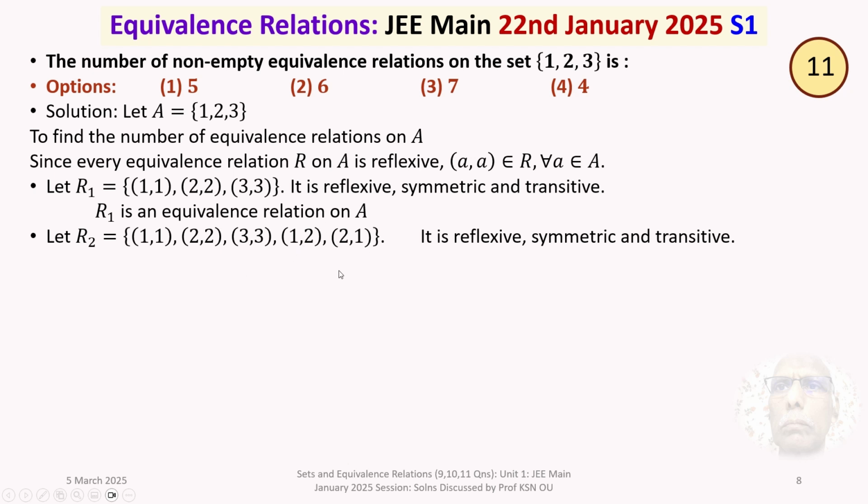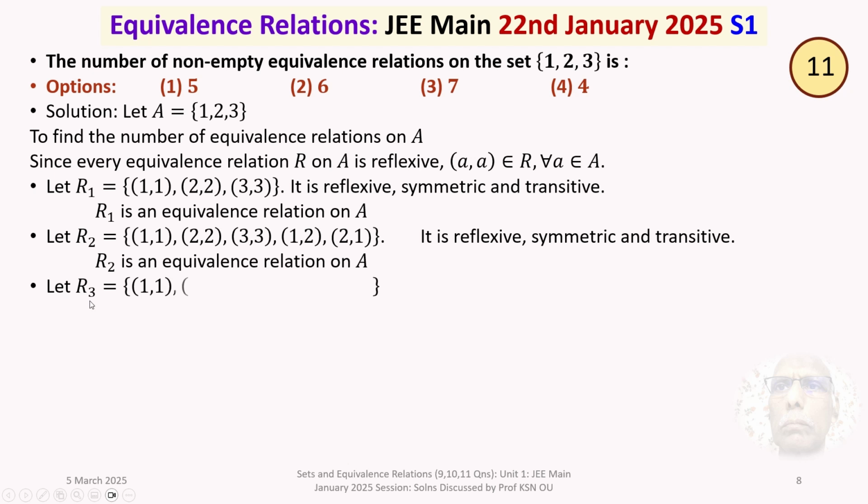Now test for transitivity. Test for transitivity is again, I tell you, whenever (a, b) and (b, c) belong to R, then (a, c) belongs to R. So transitivity is also satisfied. So it is an equivalence relation on A. In a similar fashion, go to R1 and adjoin (1, 3). If you add (1, 3), add also (3, 1).